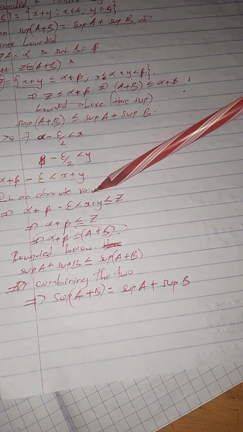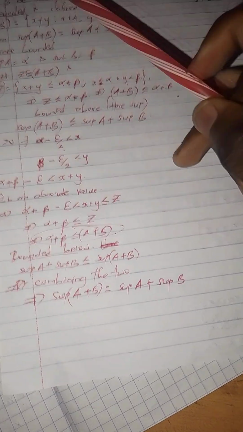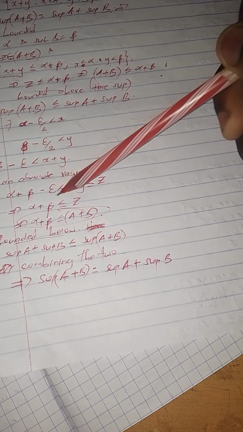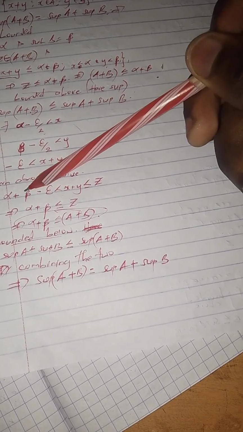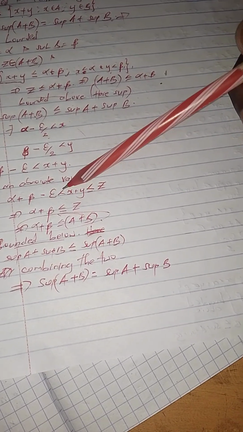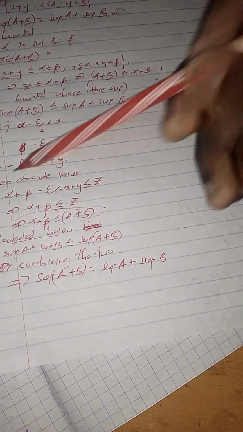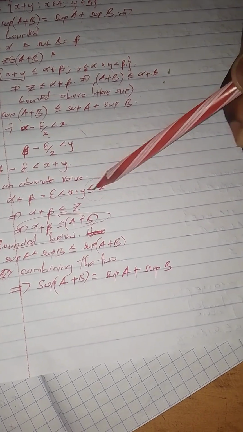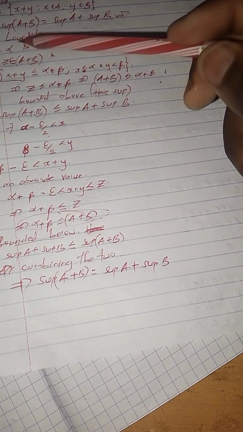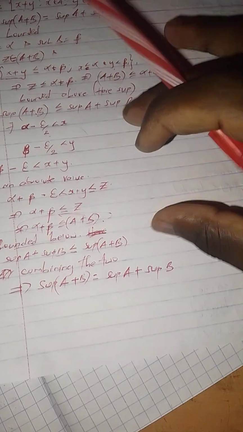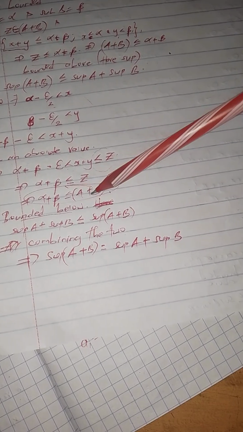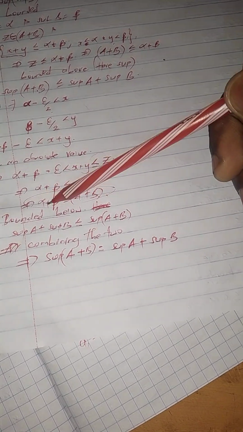Epsilon is any value, as we have said, which implies that alpha plus beta minus epsilon, since we have subtracted a digit, will become less than x plus y, which indicates that alpha plus beta is less than the Z, which we say is an element of A plus B. And since it is an element of A plus B, it indicates that alpha plus beta is also less than or equal to the supremum of A plus B, which indicates it is bounded below.